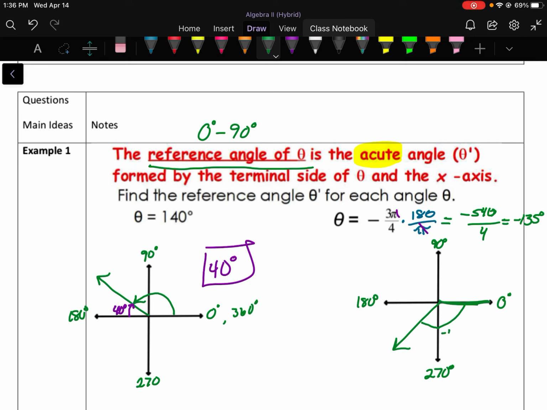Here would be that angle of negative 135 degrees, but I want the reference angle, somewhere between 0 and 90. So I start from the terminal side and work towards the axis. We're basically taking 180 minus 135. What's left is a 45 degree angle. So my reference angle would be 45.